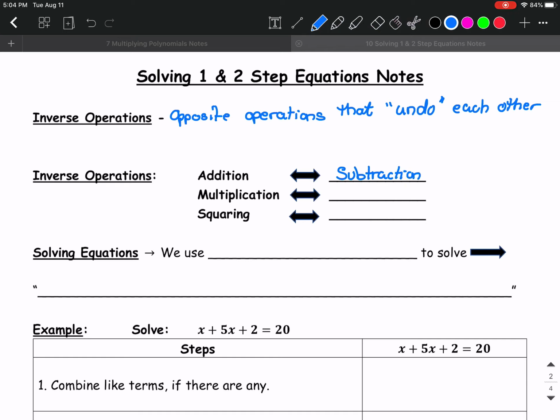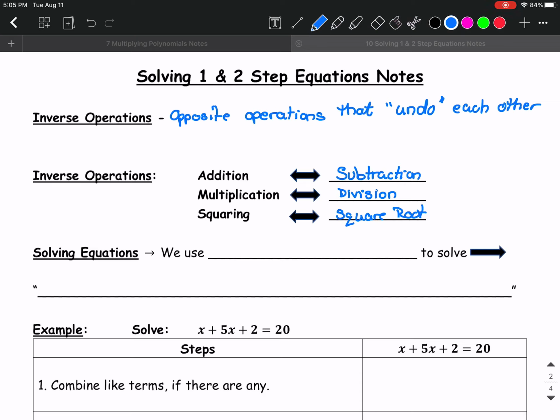What's the inverse of multiplication? That's division. And the inverse of squaring would be taking the square root. Now, likewise, what's the inverse of subtraction? It's addition. What's the inverse of division? It's multiplication. And what's the inverse of a square root? That would be squaring.